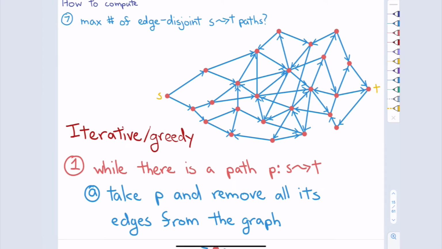But then to get equality, we shifted into an algorithmic discussion. How do we actually compute a maximum packing of paths? The most natural idea is to just willy-nilly choose paths and rip them out of the graph. That will make sure that what you select is edge disjoint. Right?